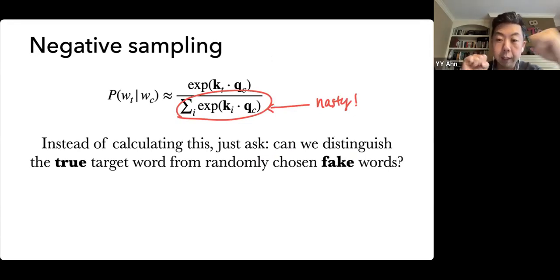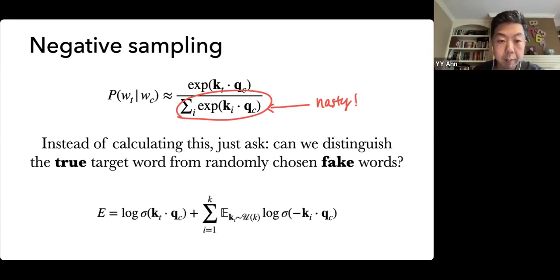The better we can distinguish them, the better the model is, essentially. So basically, you're solving a logistic regression problem and trying to maximize the difference between its logistic function with the true target word versus a fake word, okay?